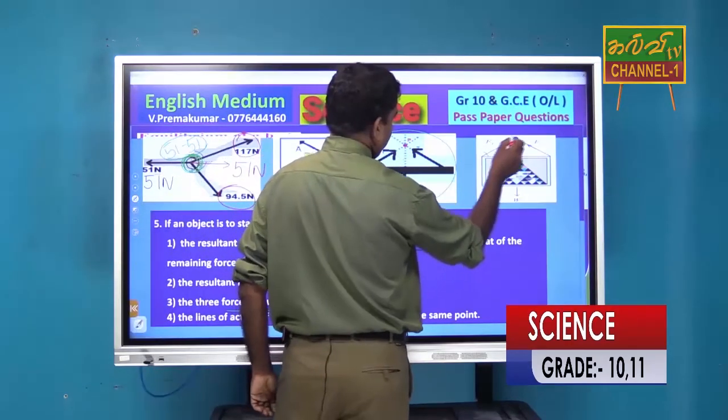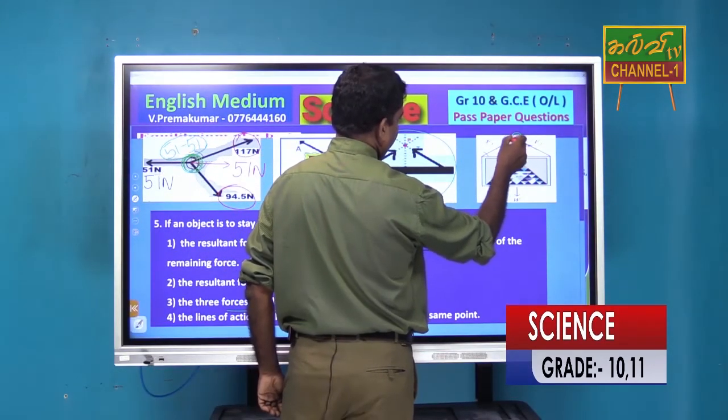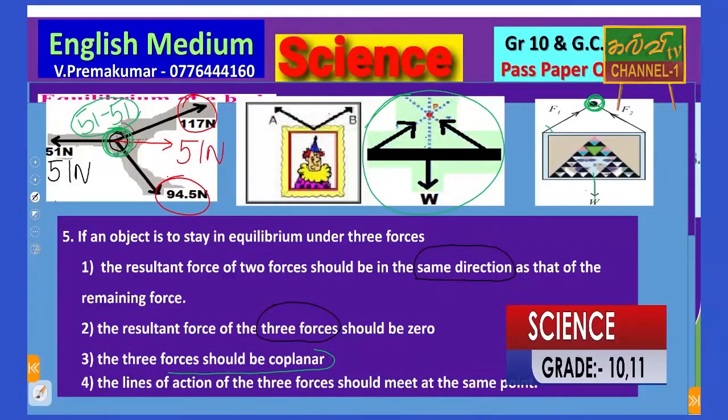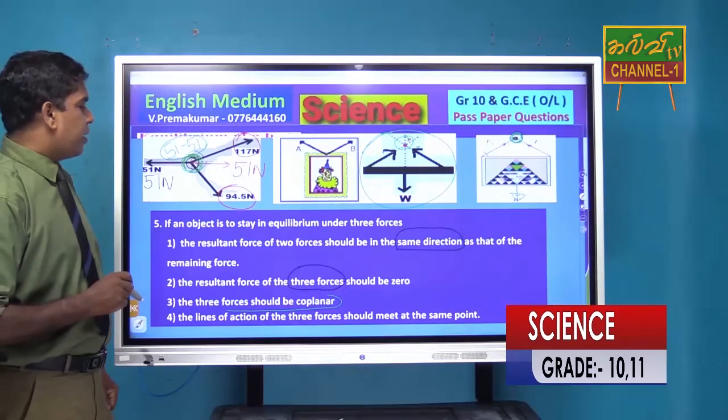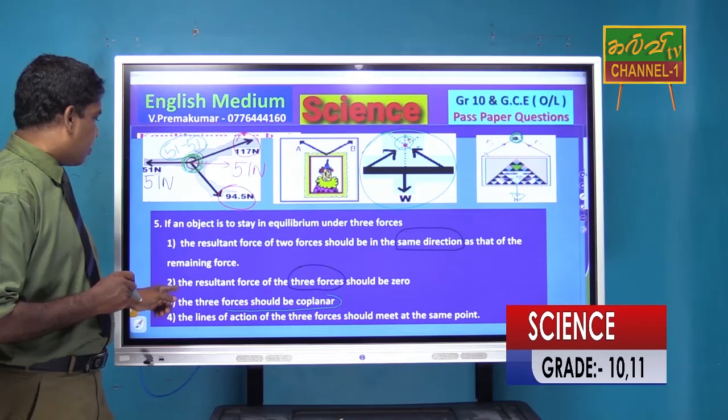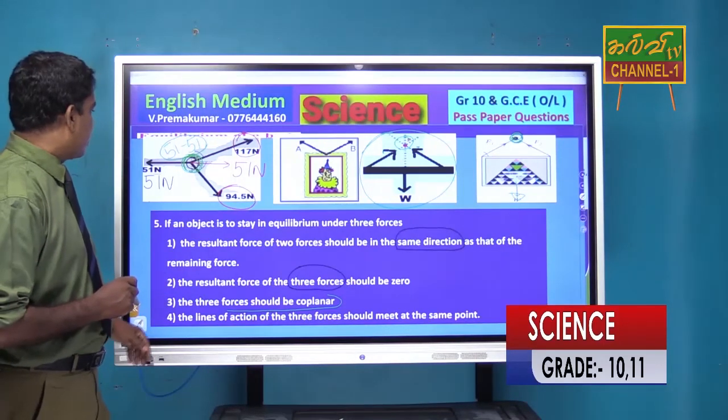Here two forces meet at this one, and the third force meets here. But fortunately indirectly it meets at a certain point. But in this answer they don't mention it. They said the lines of action of three forces should meet at the same point. So the fourth answer is also wrong.